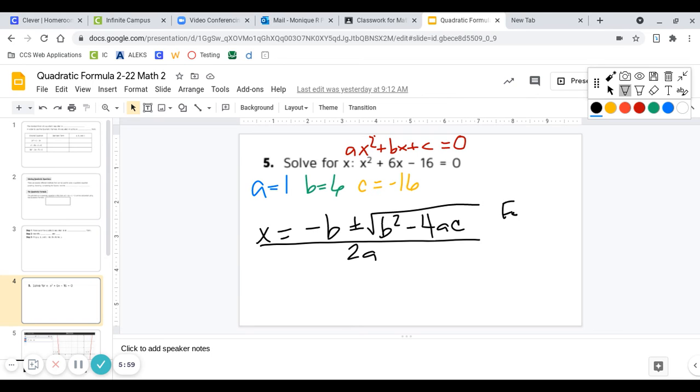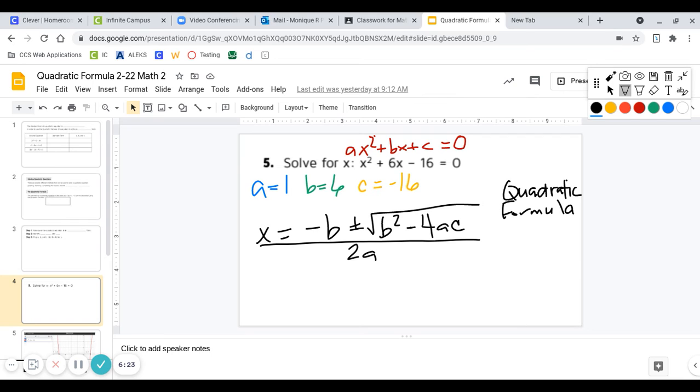This is our formula to solve for x. That's why it has x equals. So step 1, we have standard form. Step 2, we have found a, b, and c. Step 3 is to plug this in.